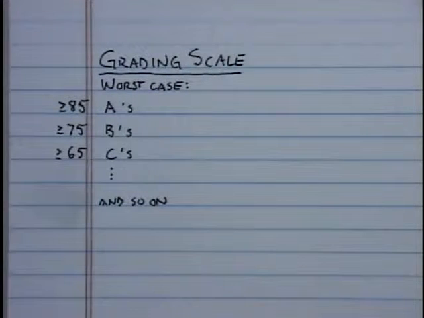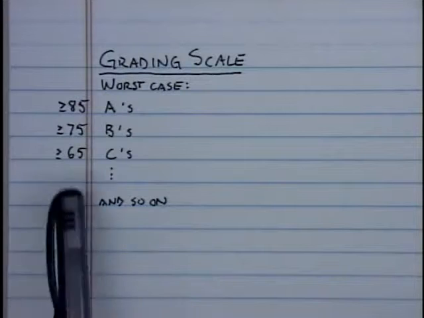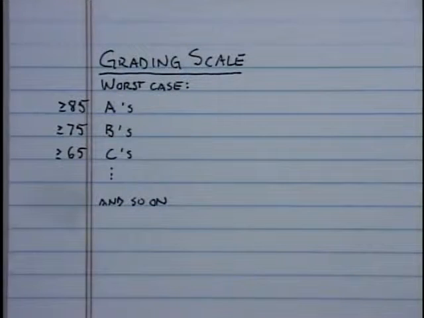Or maybe I had a real bunch of bad students in my class that semester, but I didn't want to give everybody Ds. Whatever. I want to push that grading scale down by a point or two. I may end up saying instead, at the end of the semester, 84 and above, 74 and above, 64 and above, or 83 and above, or something like that. But this is the strictest that I will be.